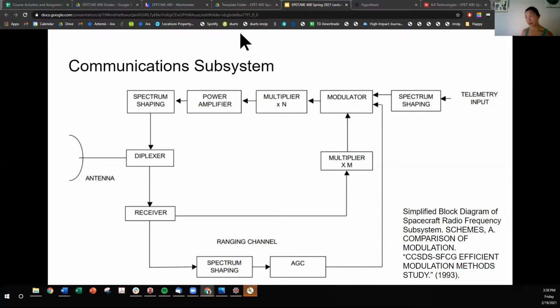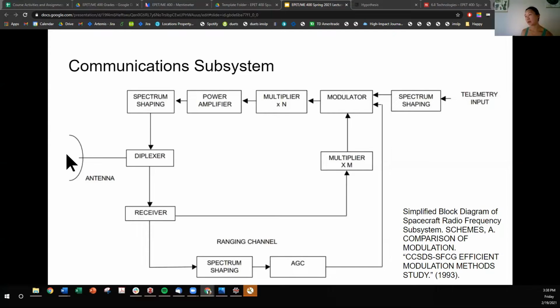We have power amplifiers. We have other spectrum shapers or filters. And then a node is a diplexer, or you can have a duplexer, multiplexer, simplex, some kind of plex technology that's connected to an antenna that ultimately transmits the signal.